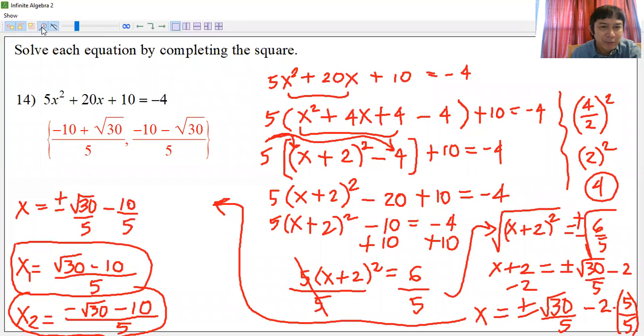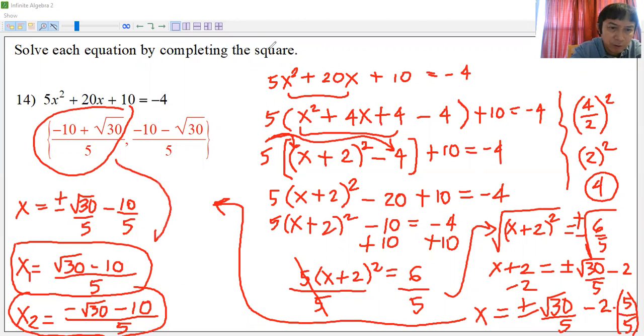So commutative property, you can interchange the square root of 30, positive, and minus 10, but it's just the same. The first answer goes to this one, and the second answer goes to the second one over there.